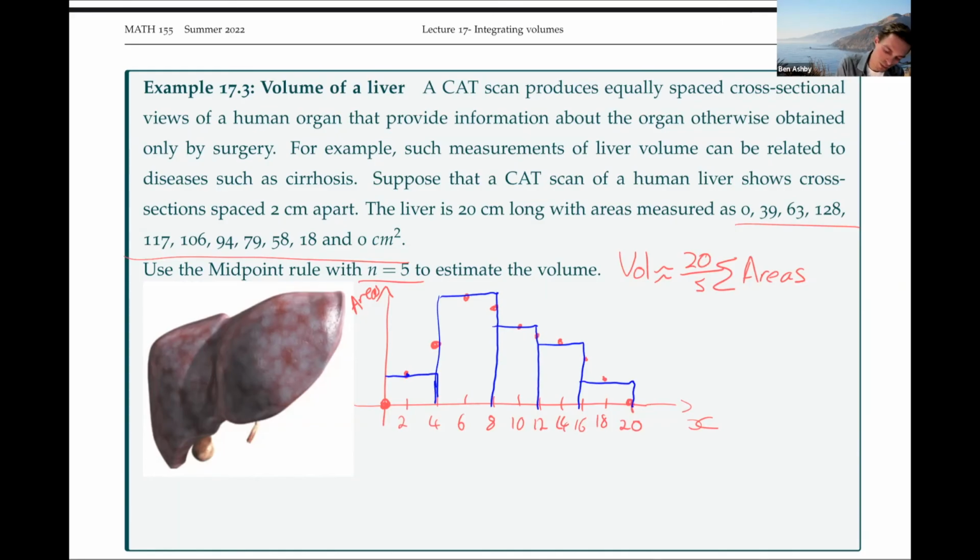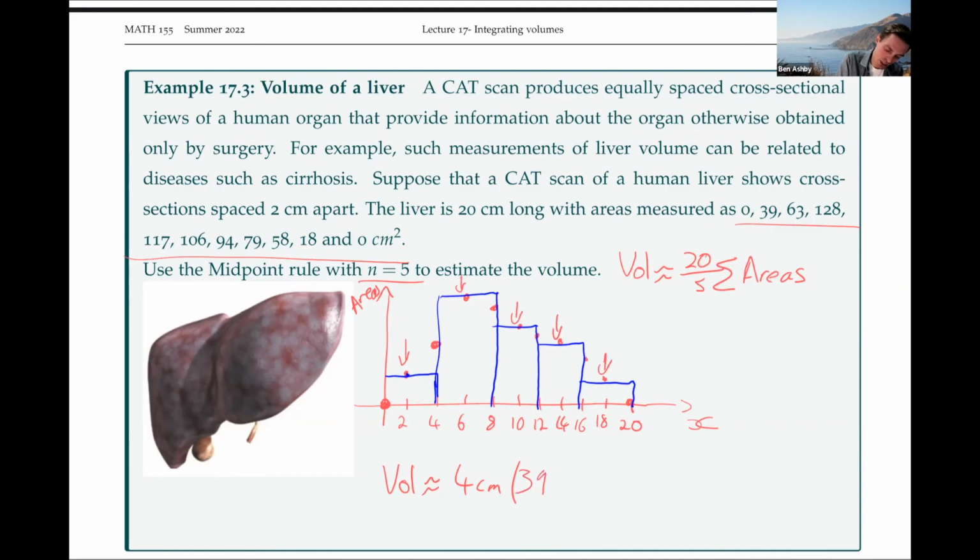And so to calculate this volume, our volume is going to be approximately equal to, well, these are all 4 centimeters wide. So we're going to have 4 centimeters times, well, let's sum up all of these different areas here. So we're going to use this value, this value, this value, this one, and this one. So it's going to be every other one.